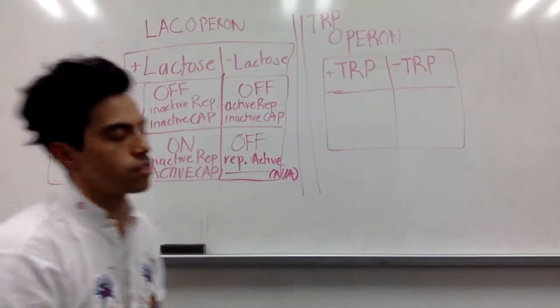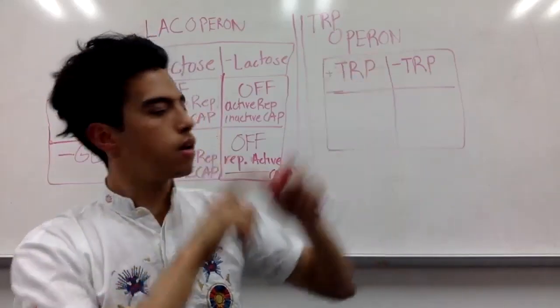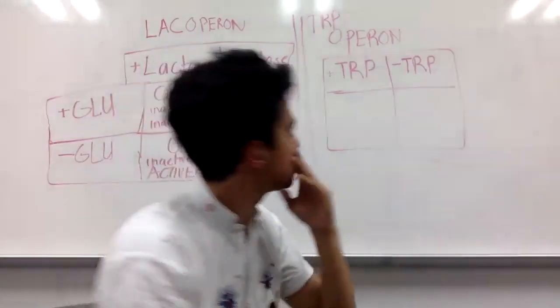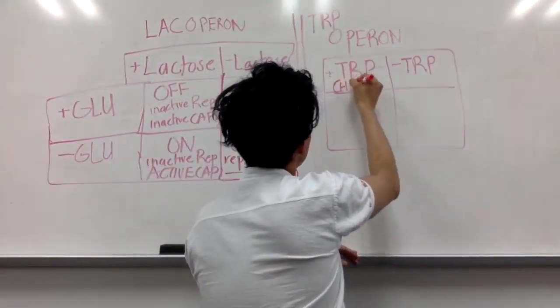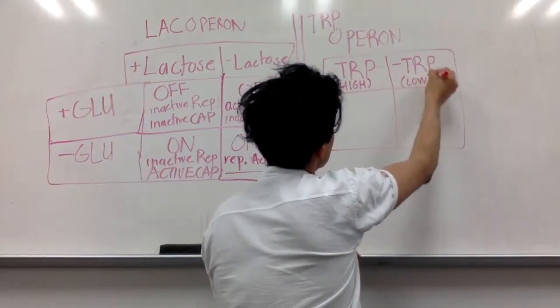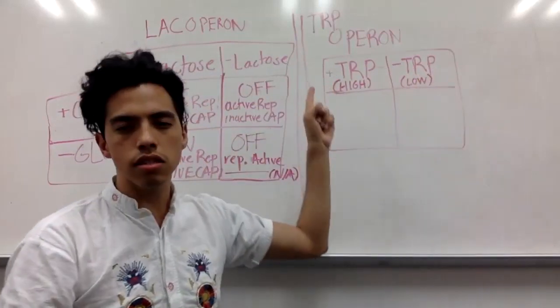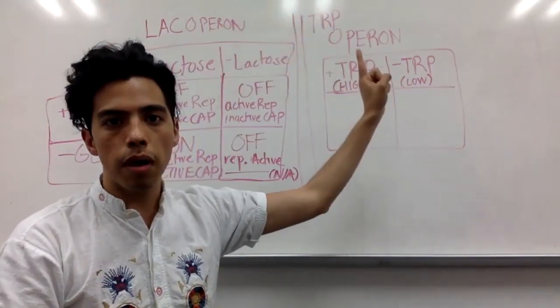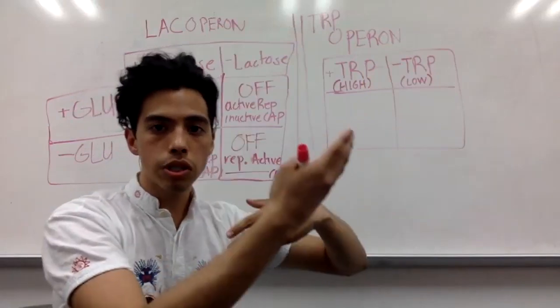So now we move on to the trp operon. When I say plus TRP, that means there are high levels of tryptophan. Remember, the purpose of the trp operon is to create more tryptophan.